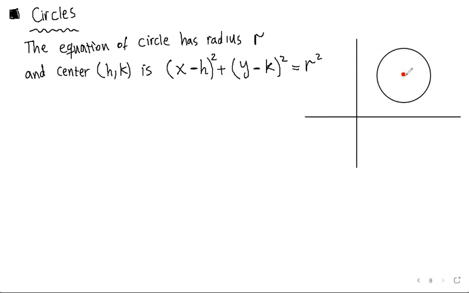This is the center, h comma k, and the radius r. Here is the point x comma y. I define it as b.